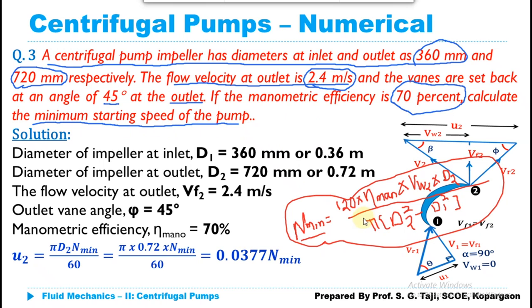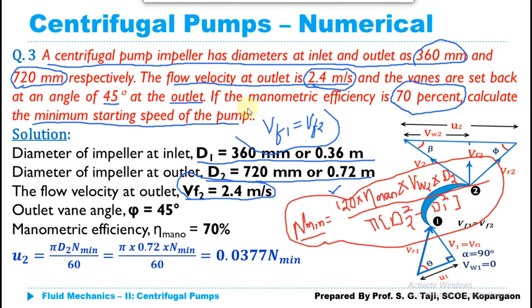Now we know that the minimum starting speed of the pump is given by this expression. So first, we will sum up all the given data: D1, D2, and velocity of flow. We know that in a centrifugal pump, VF1 will always be equal to VF2, the velocity of flow at the inlet and at the outlet are the same. The outlet vane angle, phi, is also given as 45 degrees, and the manometric efficiency is 70%.